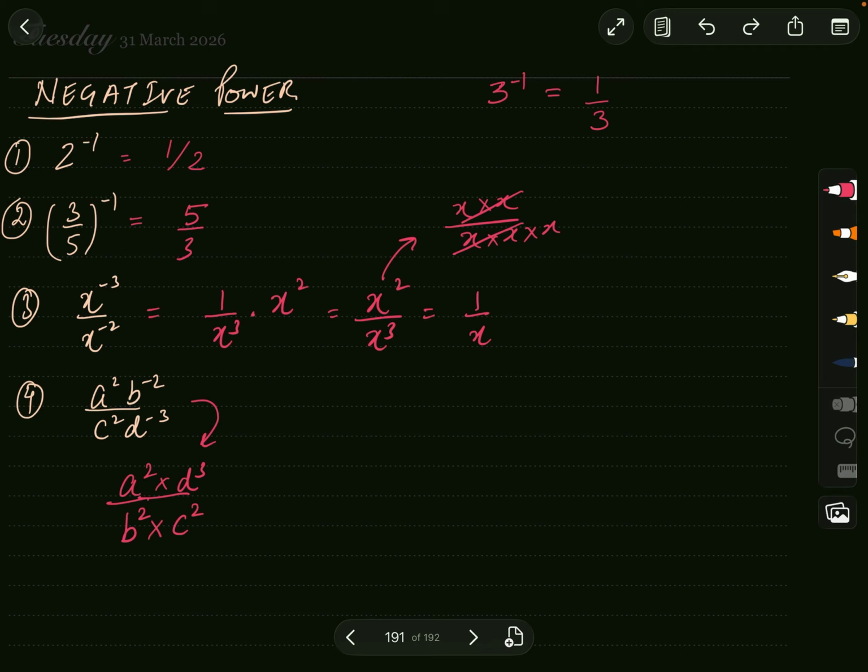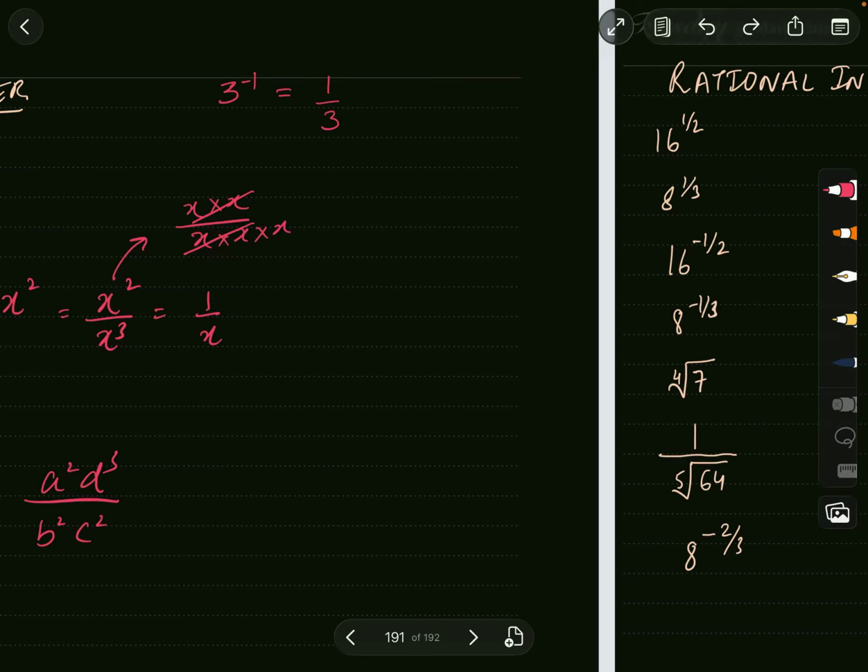So we'll have to switch the place from the denominator to the numerator. So this is the way you have to solve such questions. And finally you have a square d to the power of 3 over b squared c to the power of 2 as the answer. This cannot be solved further because we don't have common variables, so we cannot cancel them out.